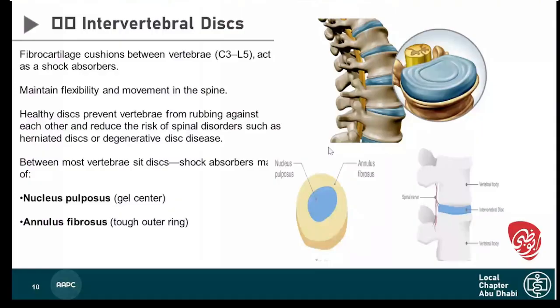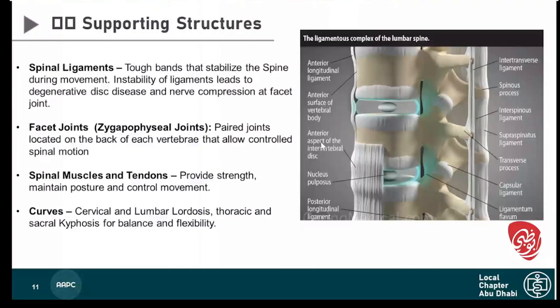Next, other supporting structures are spinal ligaments, facet joints, spinal muscles and tendons, and curves. So, what are spinal ligaments? Ligaments are a tough band of connective tissue that connects two bones, and we can see these ligaments in the joints also.